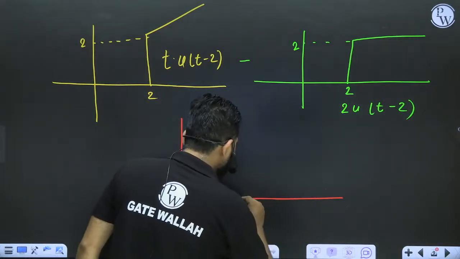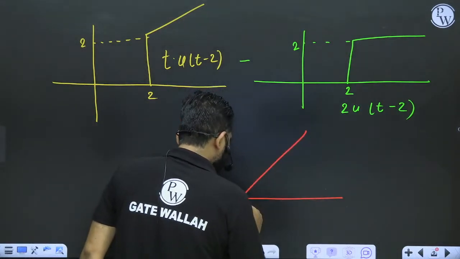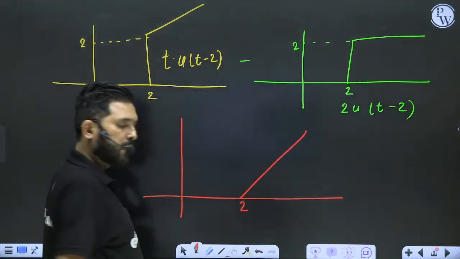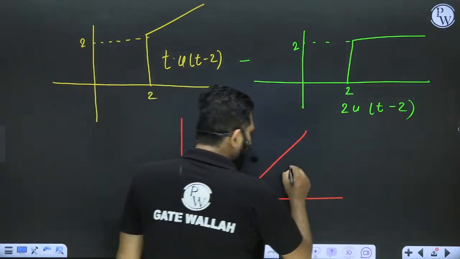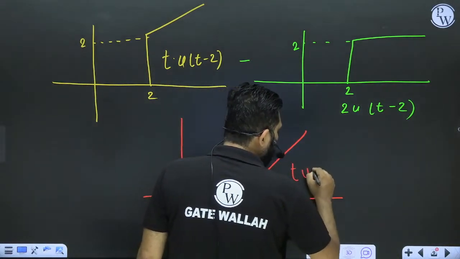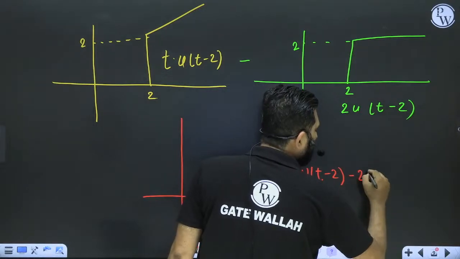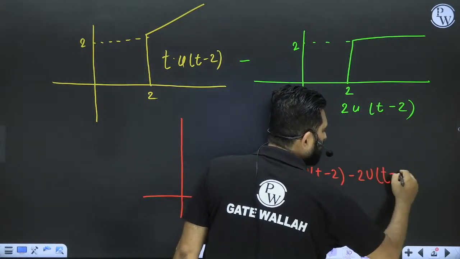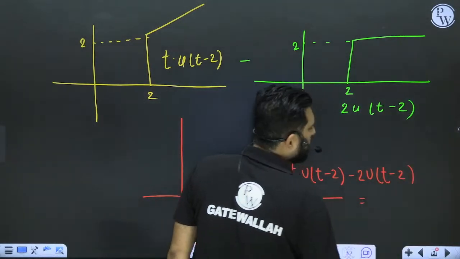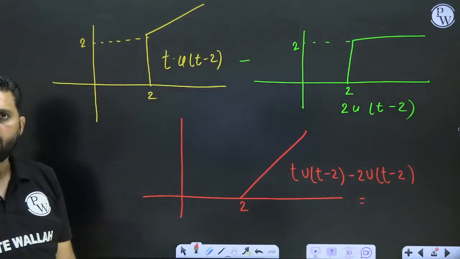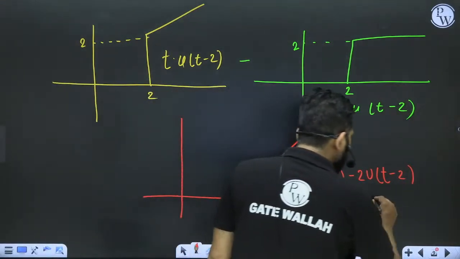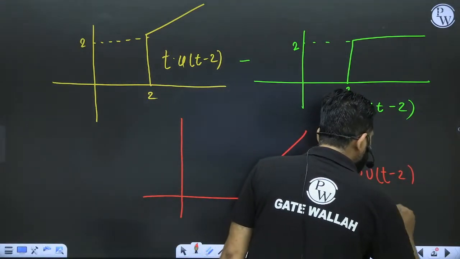You will get exactly the same function. So that is what t u(t minus 2) minus 2 u(t minus 2) is, which is basically r(t minus 2).